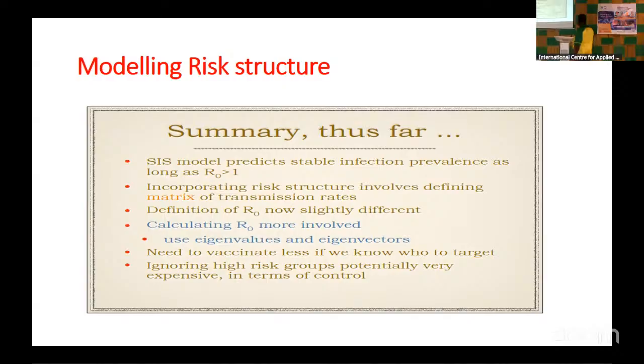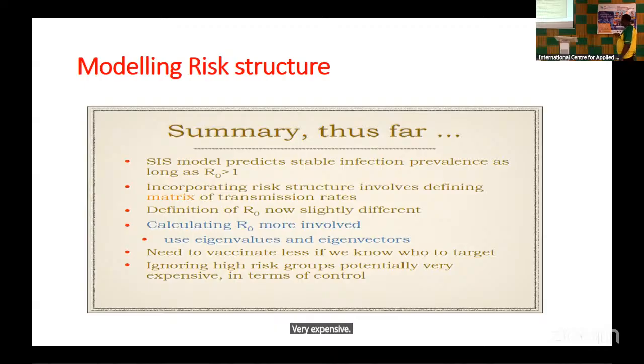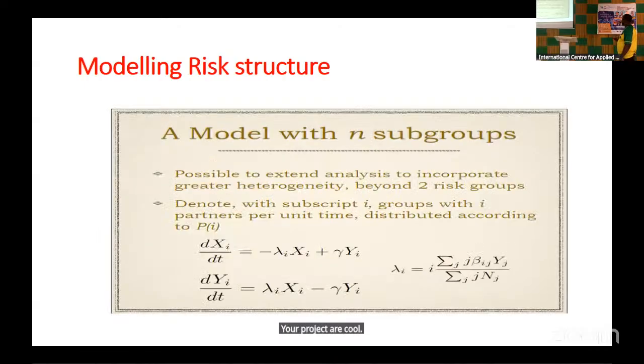We need to vaccinate less if we know who to target. That means vaccination will be cost effective in terms of knowing the group to target. Now, ignoring high risk groups is potentially very expensive in terms of control.